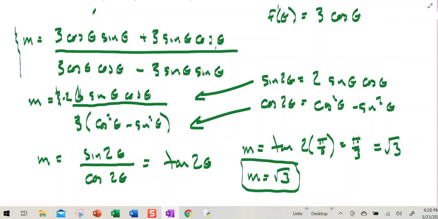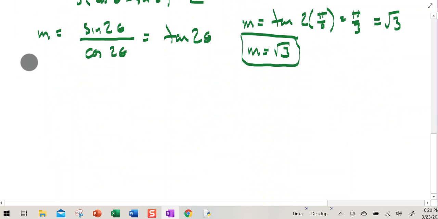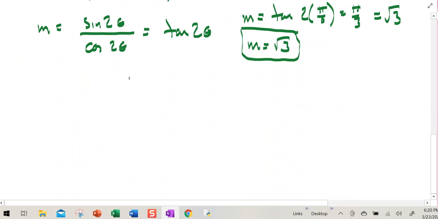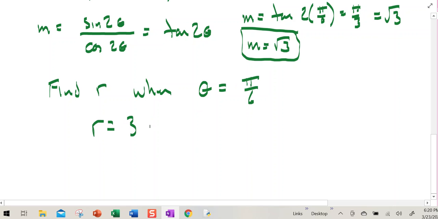Okay, the next thing that we want to do, now that we have our slope, is find out what r is when theta is pi over 6. Well, that's not too hard, because we know the relationship is r is 3 times the sine of theta.